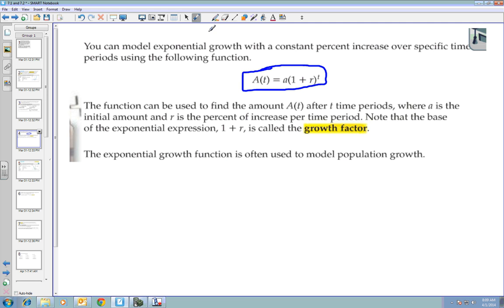You can model exponential growth with a constant percent increase over specific times, but you're going to have to look at this and know what each variable means. First of all, examples of exponential growth: bacteria growth. Those of you that are in biomed, an example would be bacteria growth, population growth. We have exponential growth and exponential decay too.